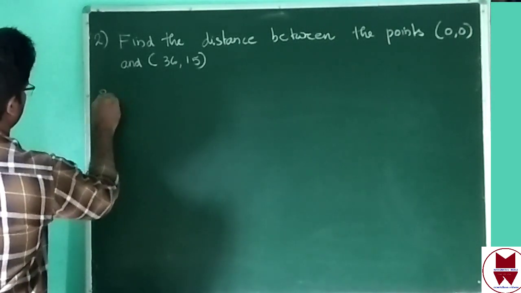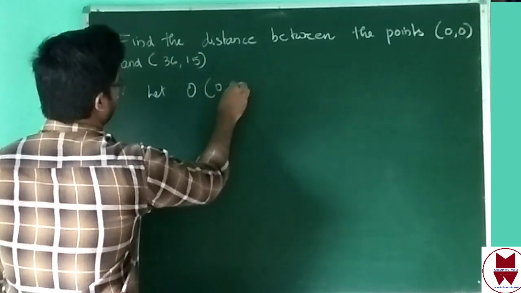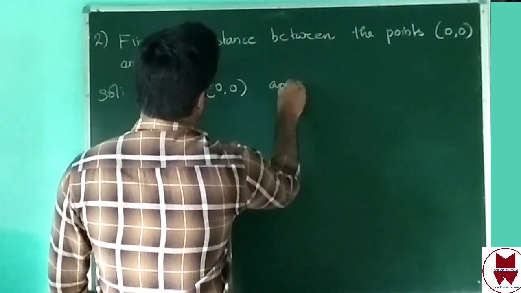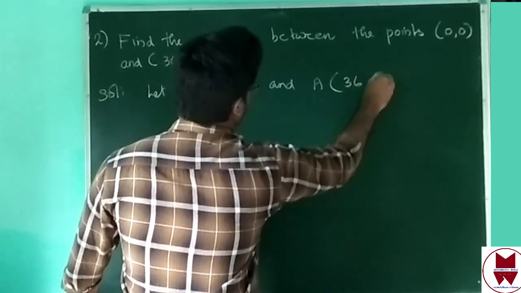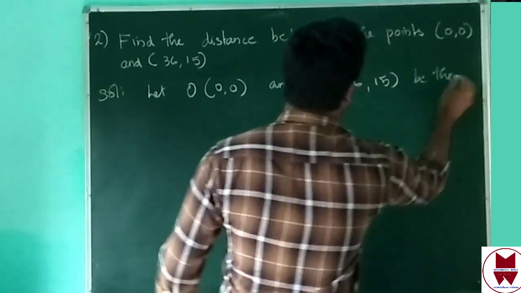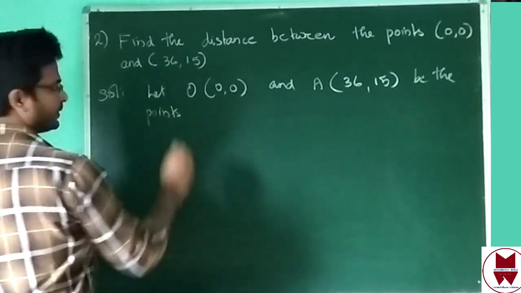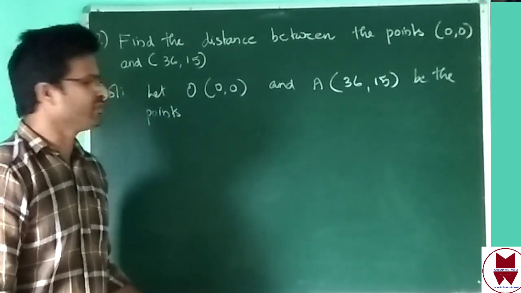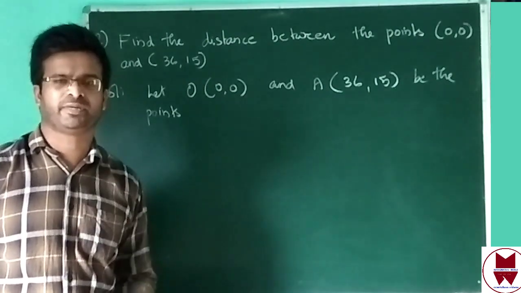Now first let O 0, 0 and A 36, 15 be the points. Okay, in this question, first point I give a name O. What is 0, 0? 0, 0 means origin.